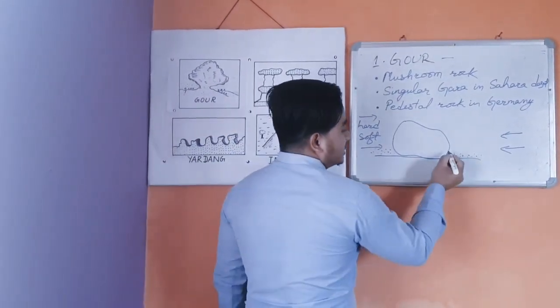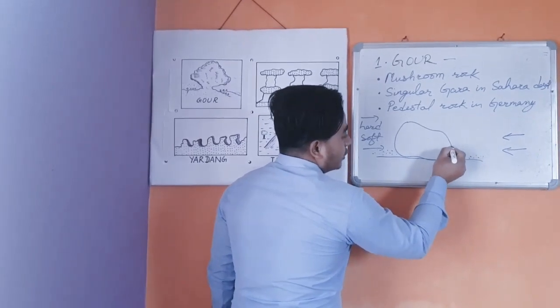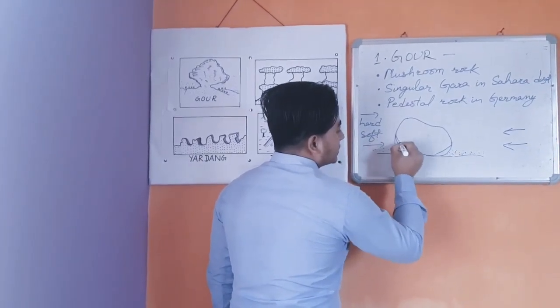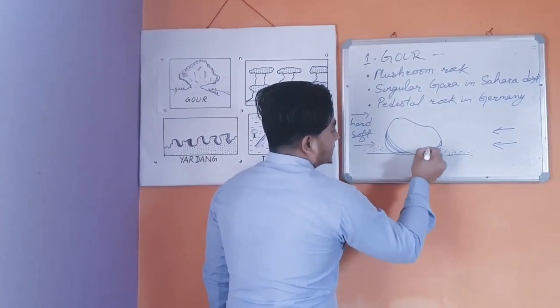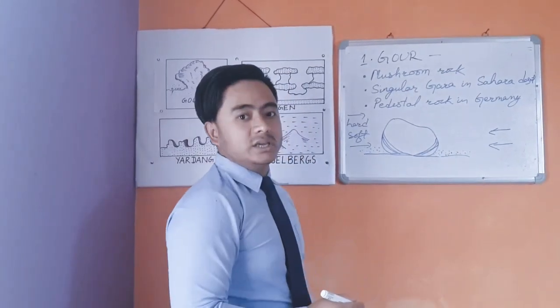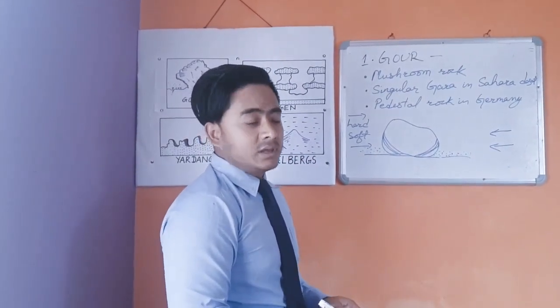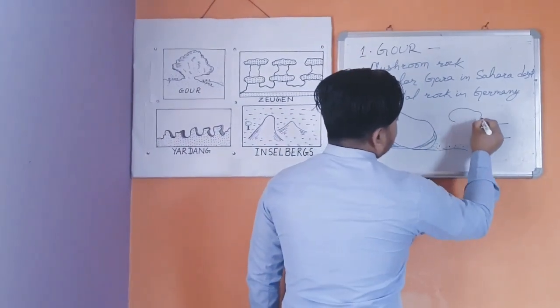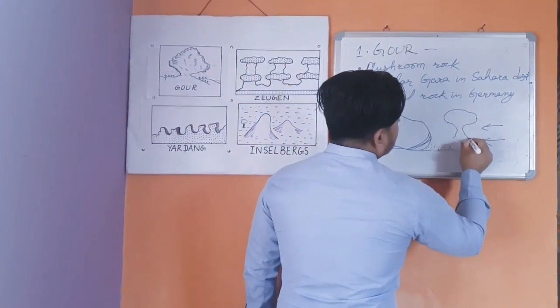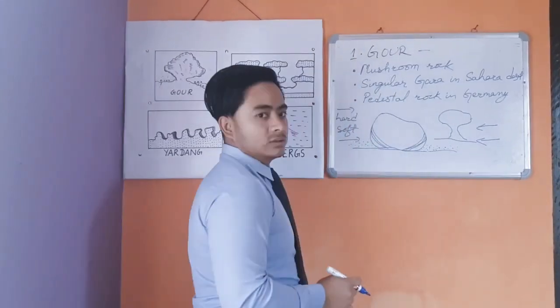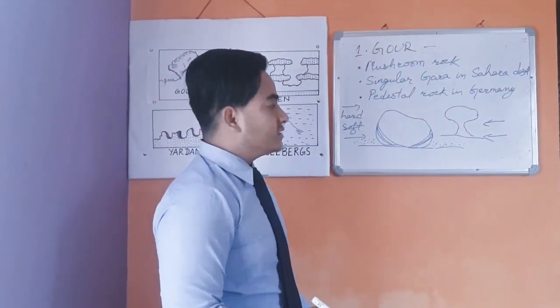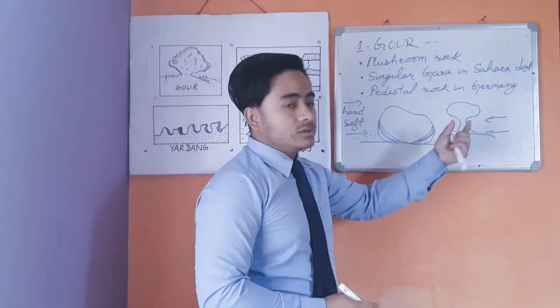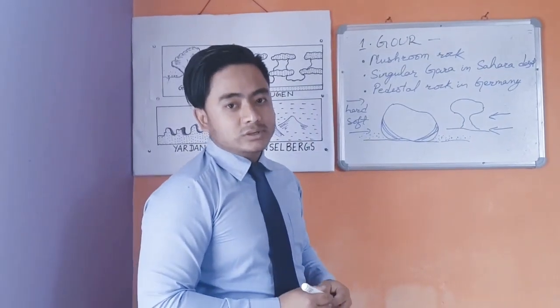When the friction is produced, the lower part of the rock starts getting abraded, or eroding, as a result of which it produces a different shape of rock which somewhat looks like a mushroom rock. That's why Gour is also called mushroom rock.